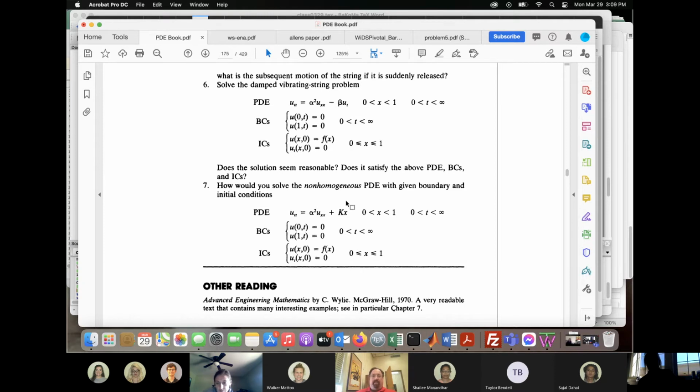But separation of variables, as it's described, is only useful for homogeneous PDEs with homogeneous boundary conditions. It cannot be applied directly to a PDE such as this.